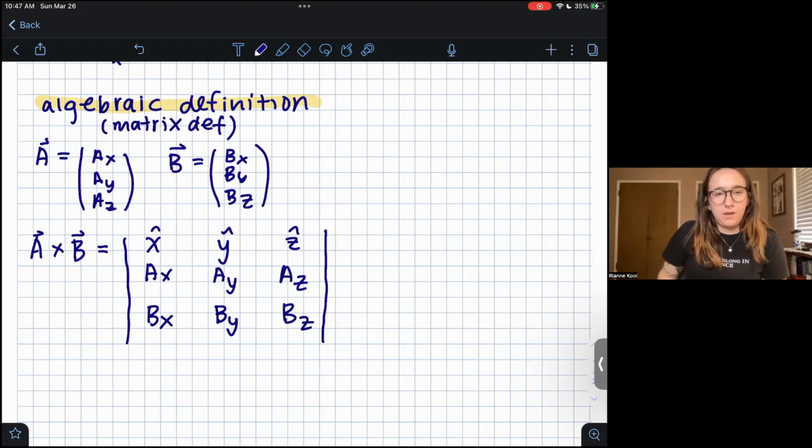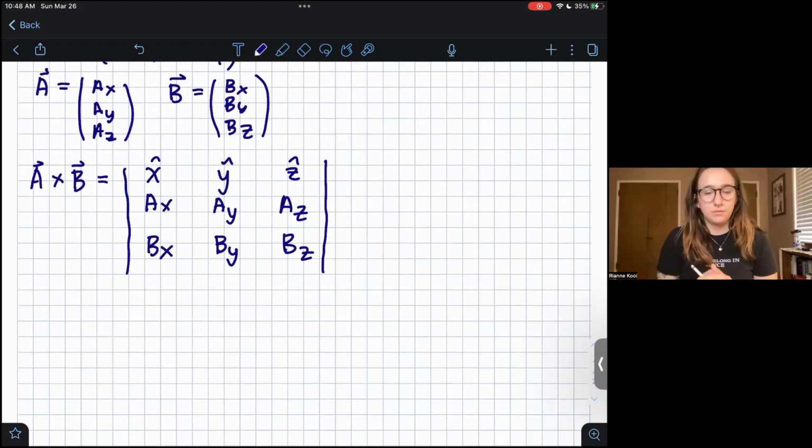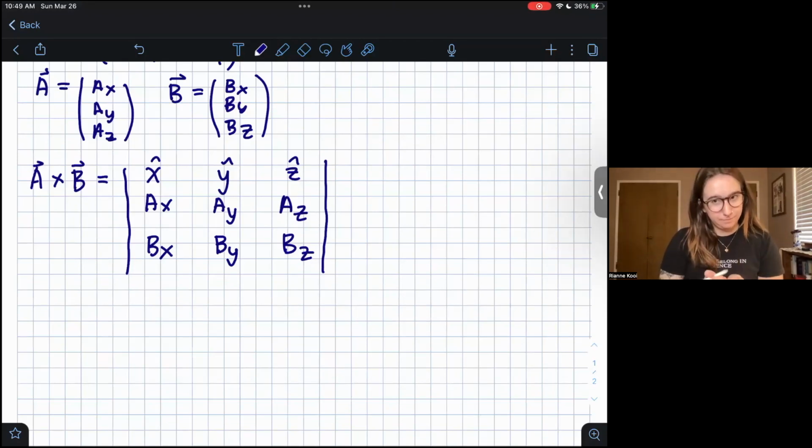So then we want to find the cross product between these. When you find the cross product, this is what you're going to be doing. Basically, first you're going to say, okay, I want to find the determinant of this matrix.